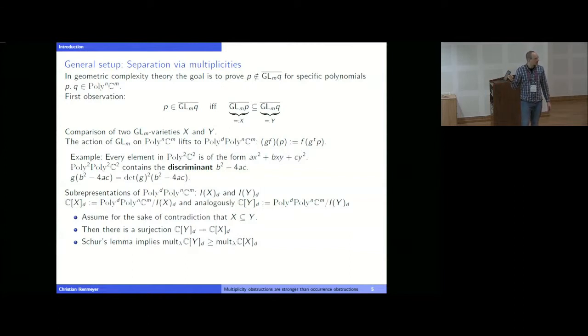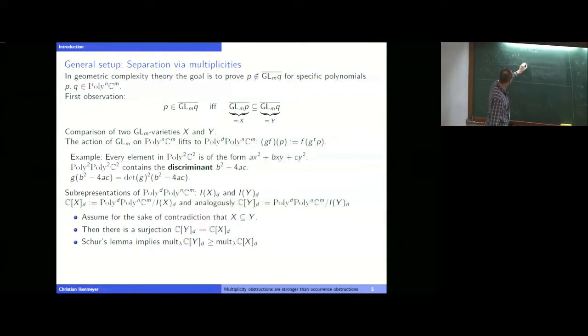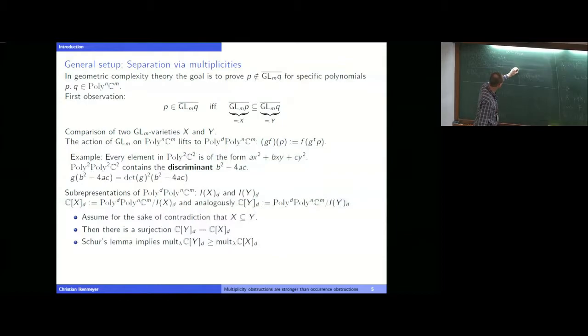And such a surjection by restriction implies that these multiplicities, which are defined in a second, the multiplicity here will exceed the multiplicity here. The multiplicity is the number of occurrences of these irreducible types in your representation. Here, for example, I can write it like this, the multiplicity of 2, 2 in the vanishing ideal here of x2 is 1.